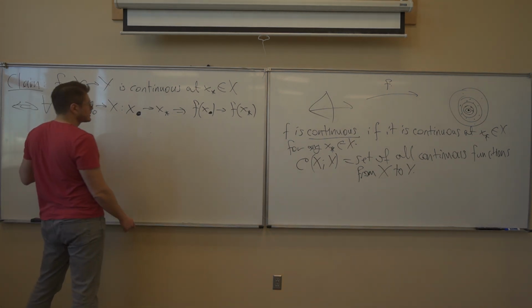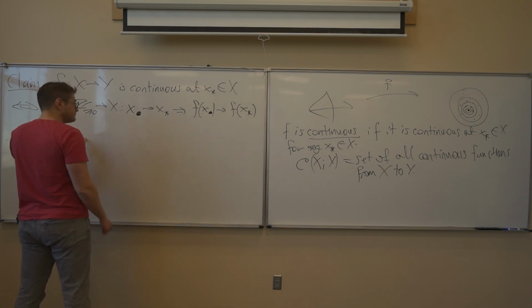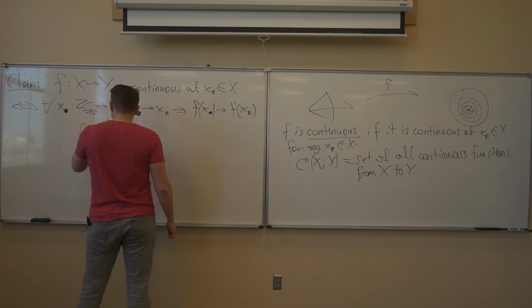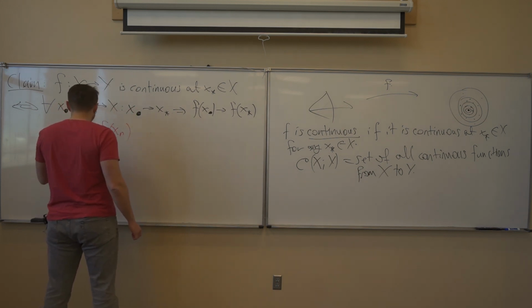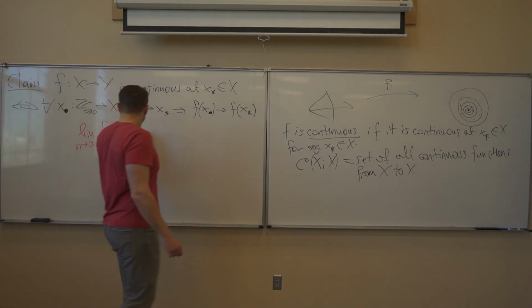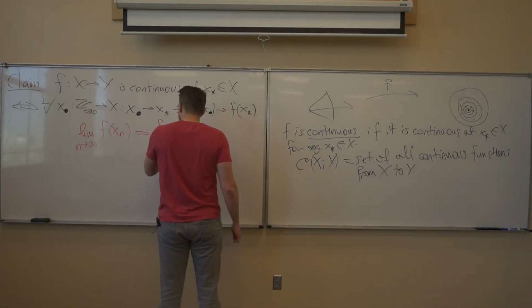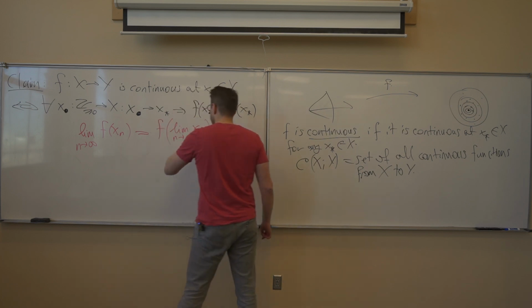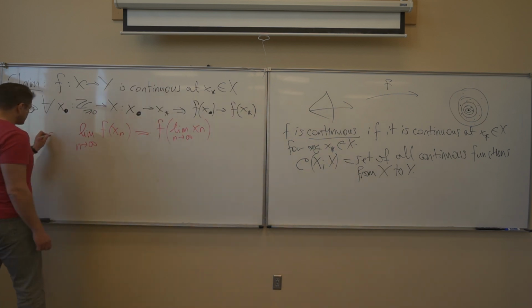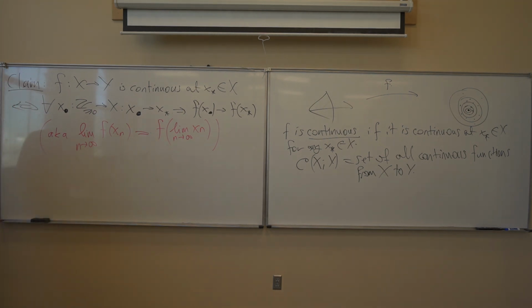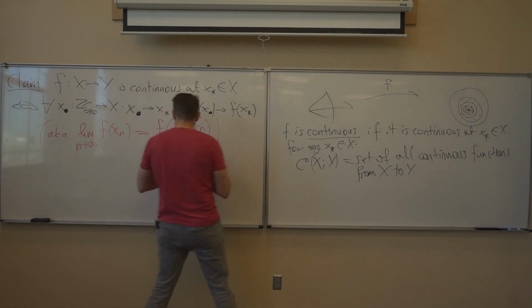So using the limit notation, what I'm saying here is that the limit of f of x sub n as n goes to infinity, I want this to be equal to f of the limit. It's the same thing. In this case, of course, this is x star.